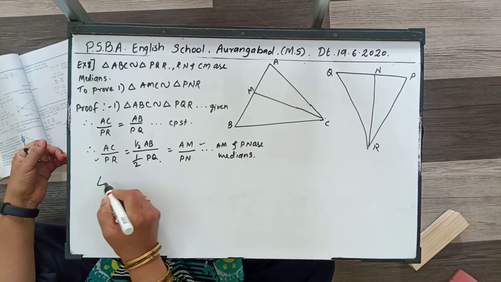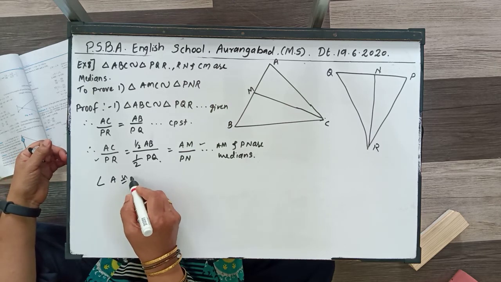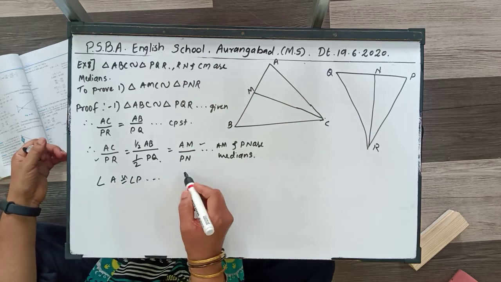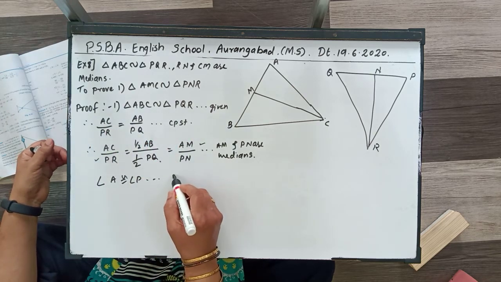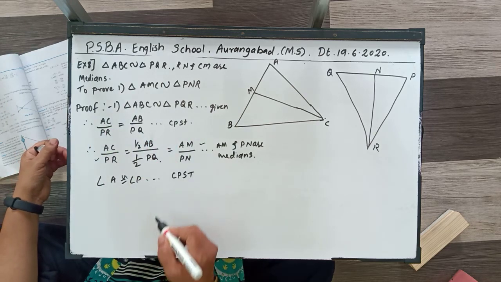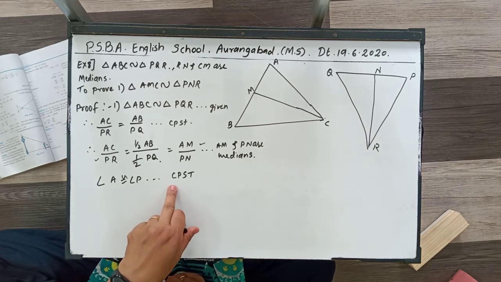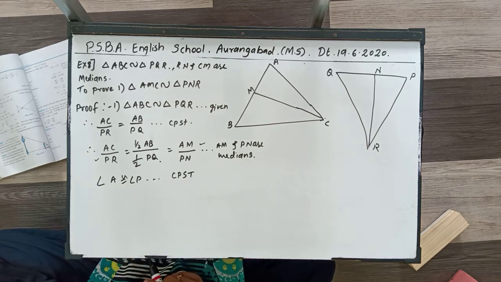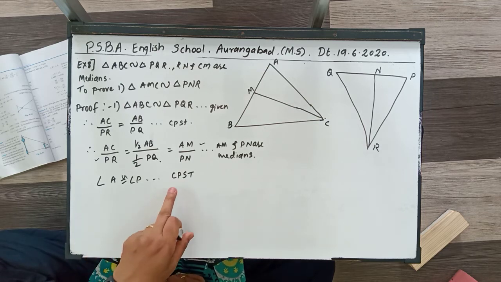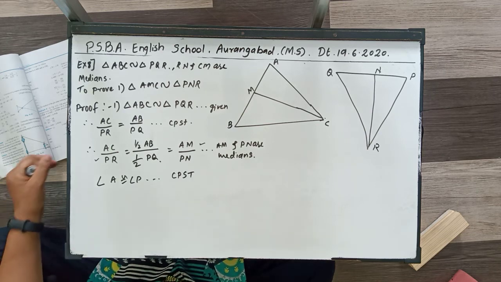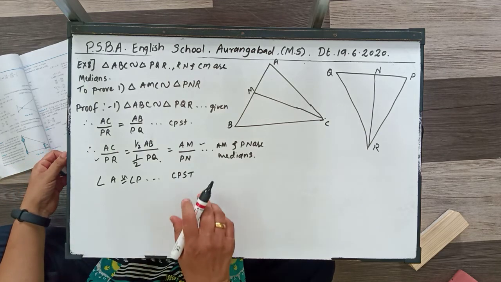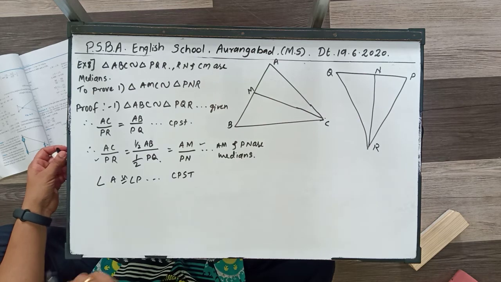Now angle A is congruent with angle P. Again first letter, CPST. Now when we want to write angles, we can write CAST, and when we want to write the sides are in proportion, we can write CSST. But for both of them, we can just write corresponding parts. So parts means angles or sides. Both are coming in that. Therefore, we are just writing CPST.